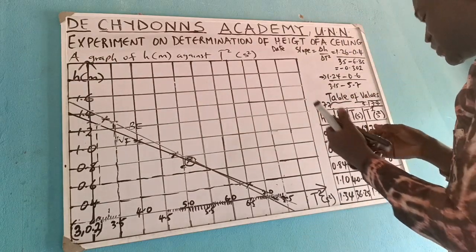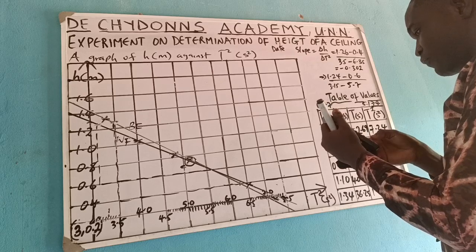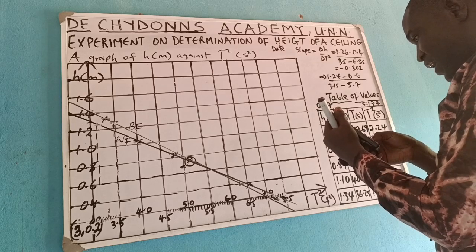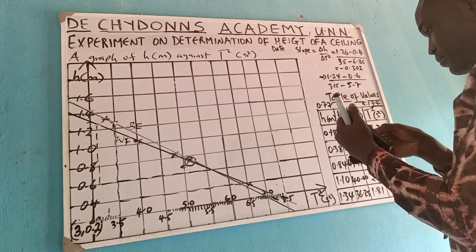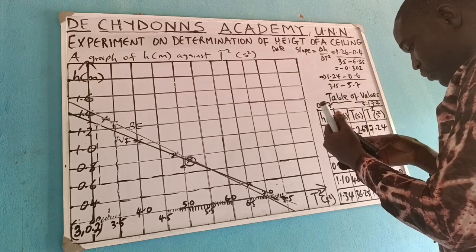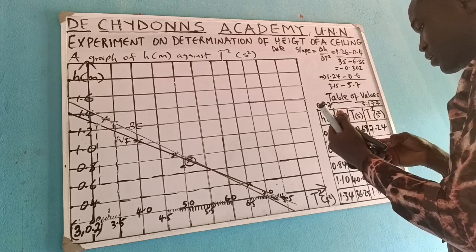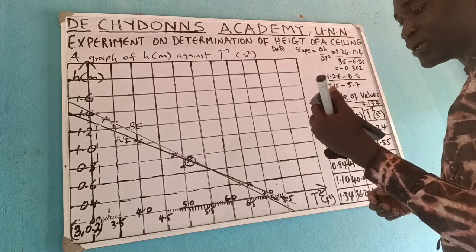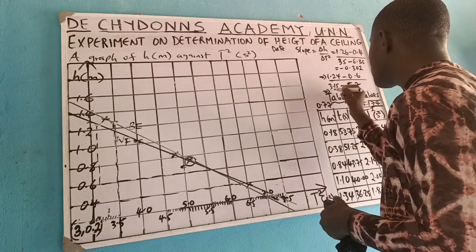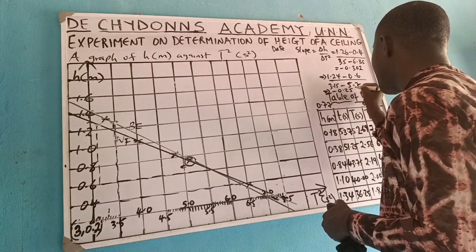You also press it to your calculator. 1.24 minus 0.6 divided by bracket 3.15 minus 5.7. That is minus 0.251.